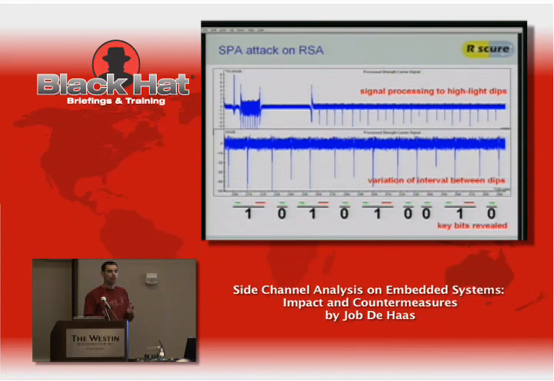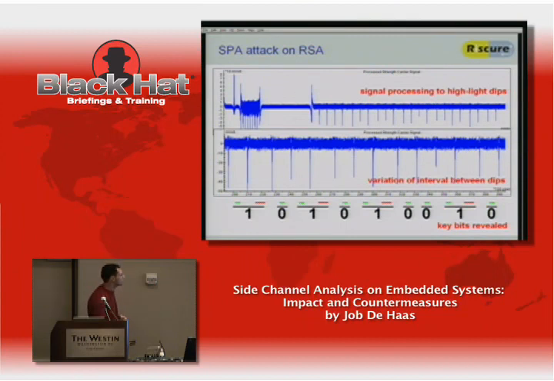Now what happens is that these are distinguishable. For some mathematical reason, a square is not really identical to a multiply, which you can imagine because in a square you're multiplying exactly the same zeros and ones, and in a multiply, that's random. And once you can see a variation between a square and a multiply in a signal, it's just looking at the key bits.